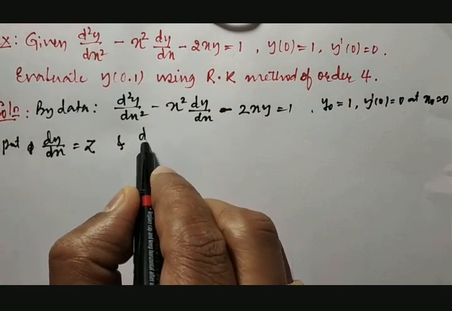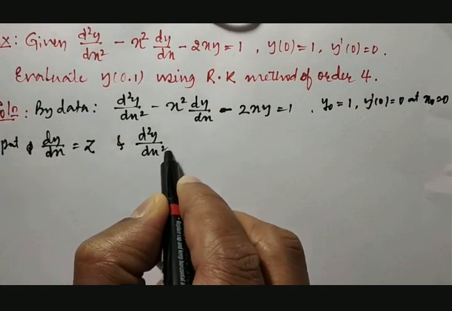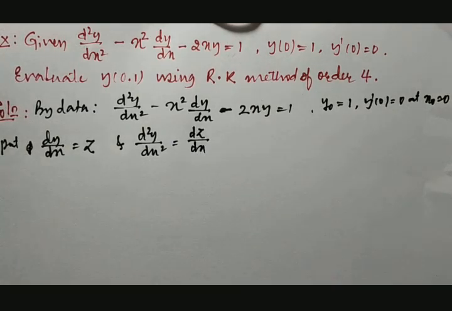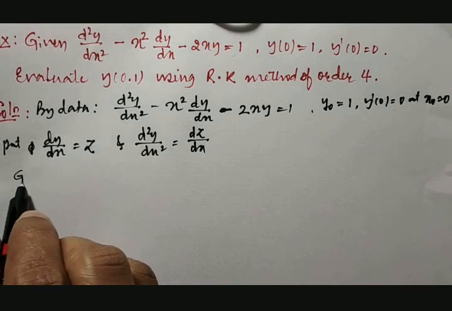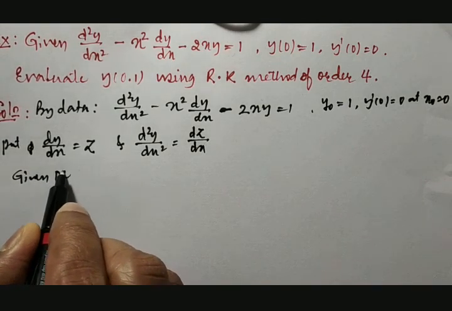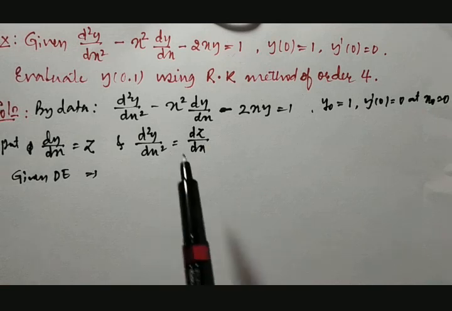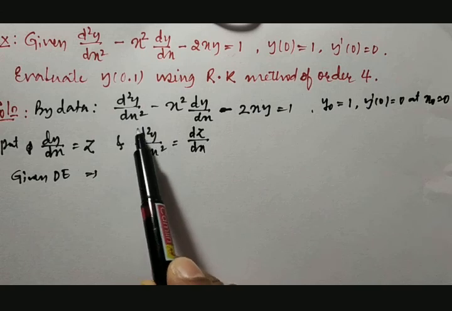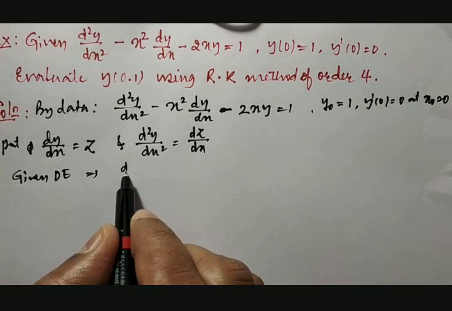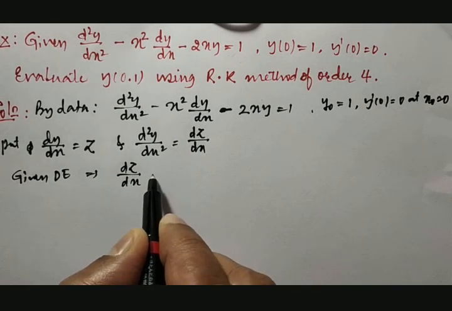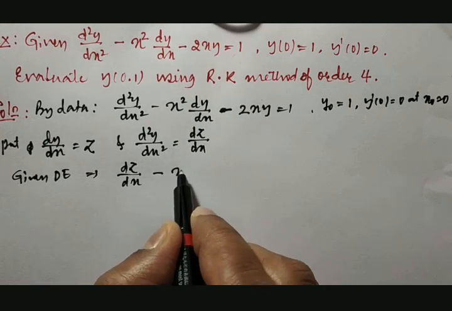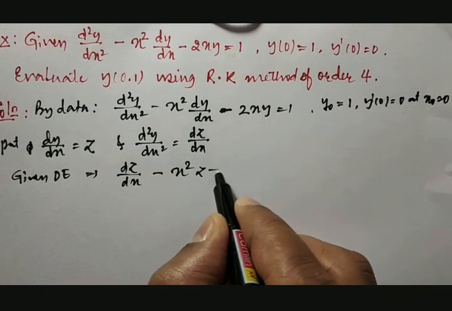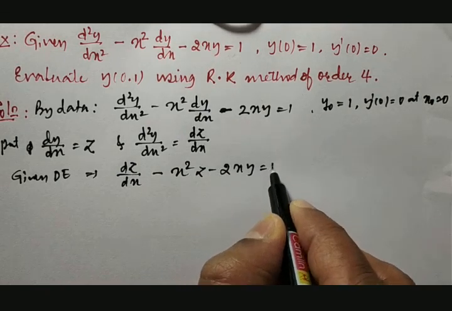And its derivative, that is d²y/dx² = dz/dx. Therefore, after this substitution, the given second order differential equation becomes dz/dx − x² z − 2xy = 1.